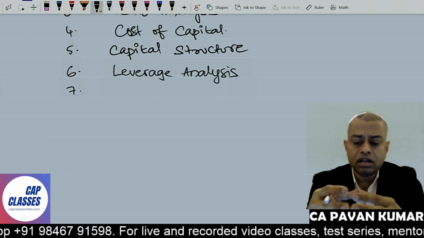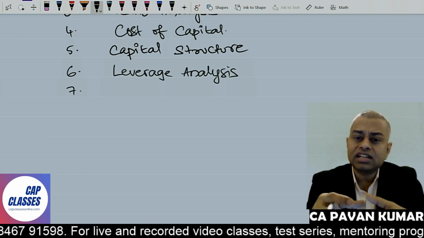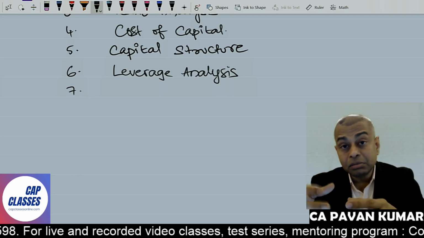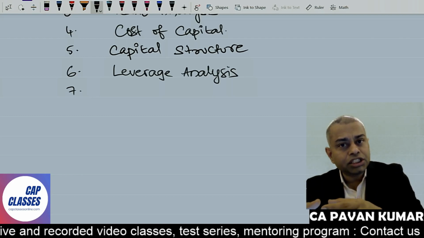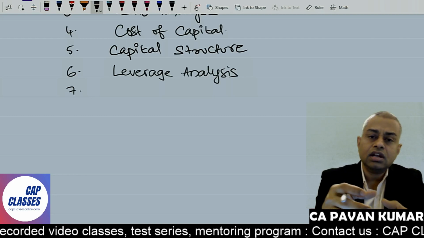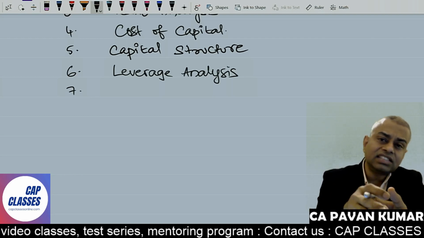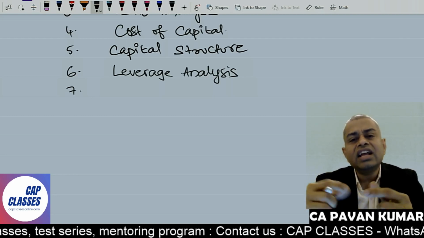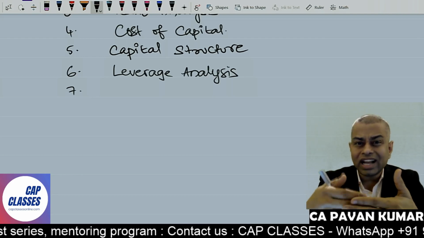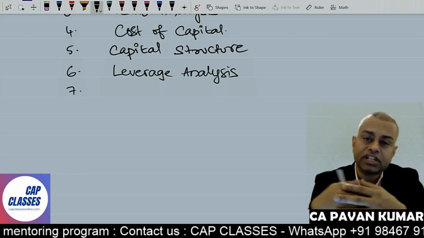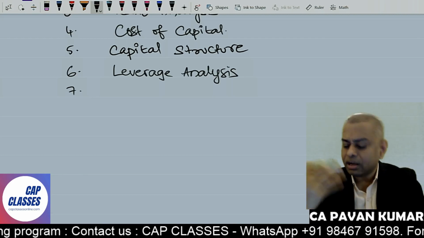In this chapter, we will study what business risk is, the risk of doing business from the point of view of operations, which is called operating risk, and another component is finance risk. And we calculate certain leverages, which are the indices or measurements of risk. Very easy area, don't worry about it.